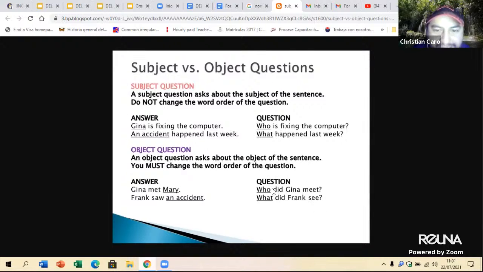Aquí estoy preguntando, ¿a quién conoció Gina? ¿O qué fue lo que vio Frank? So tengo sujetos, esto Gina and Frank, right? Entonces, pregunto justamente por los objetos. Answer, Gina met Mary. Ahí está, Mary es el objeto. Frank saw an accident es el objeto.